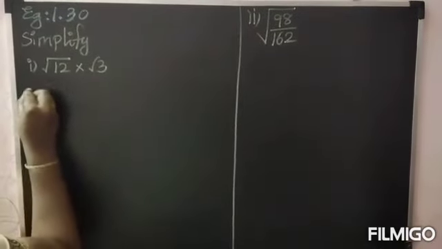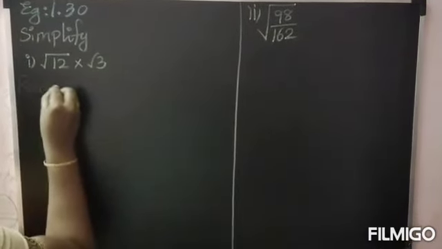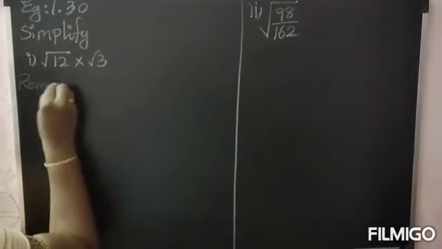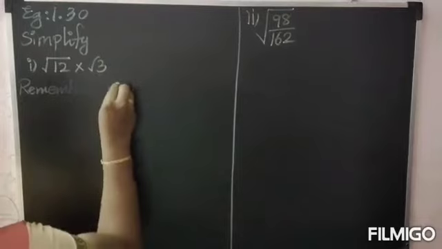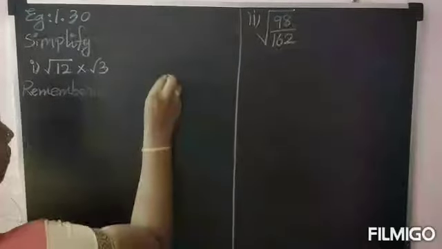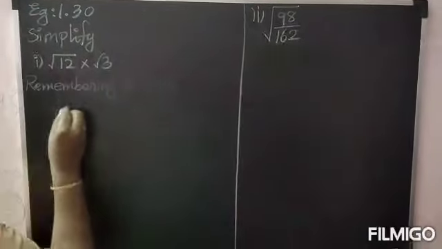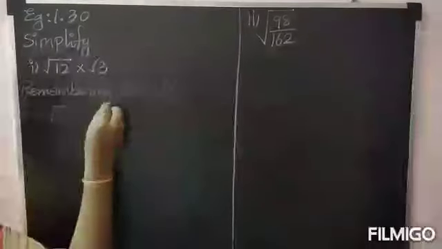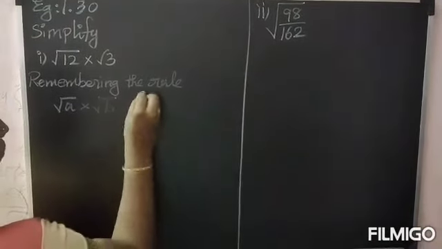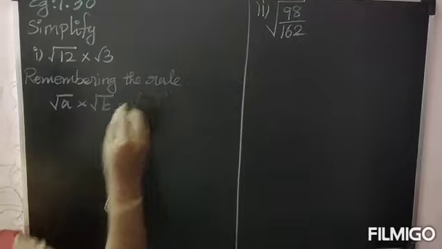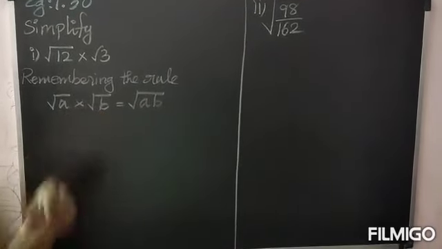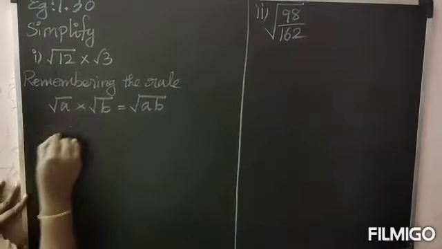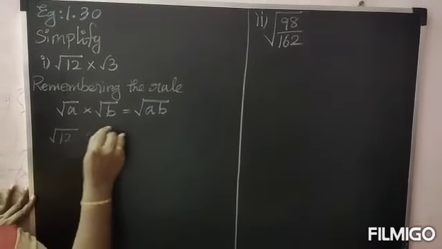Remembering that rule, square root of a into square root of b equal to square root of ab, where ab is nothing but a into b. We are going to multiply these two. Using that rule, we are going to simplify this.